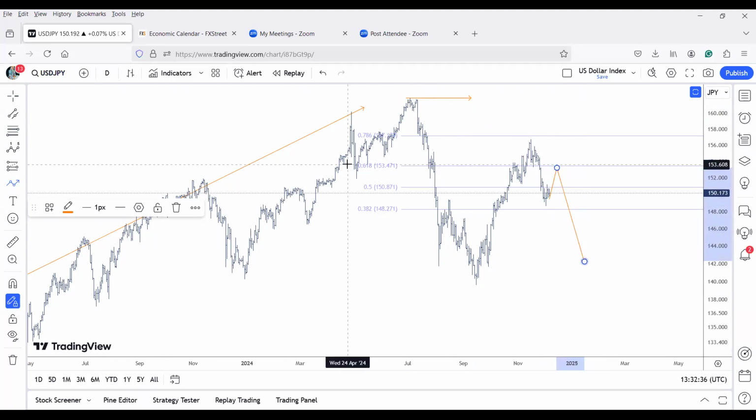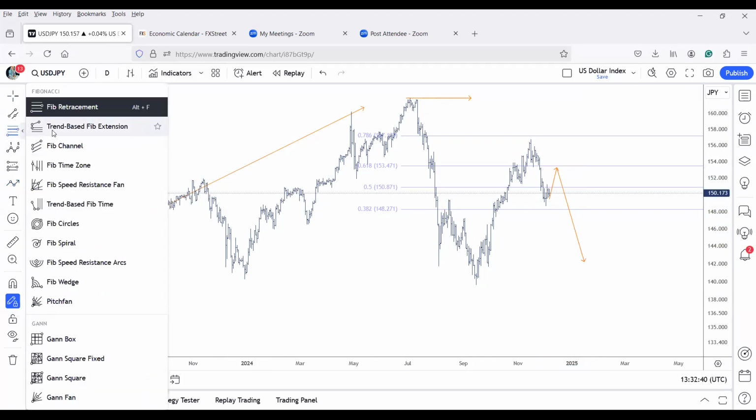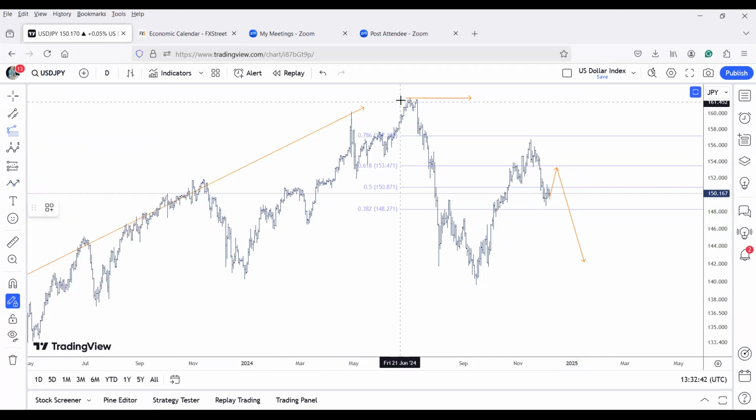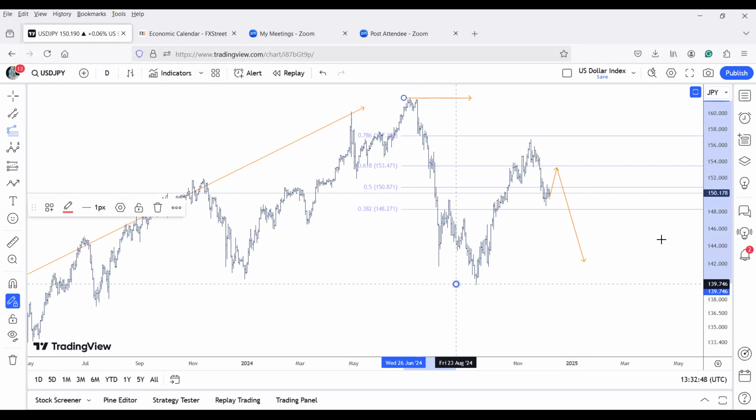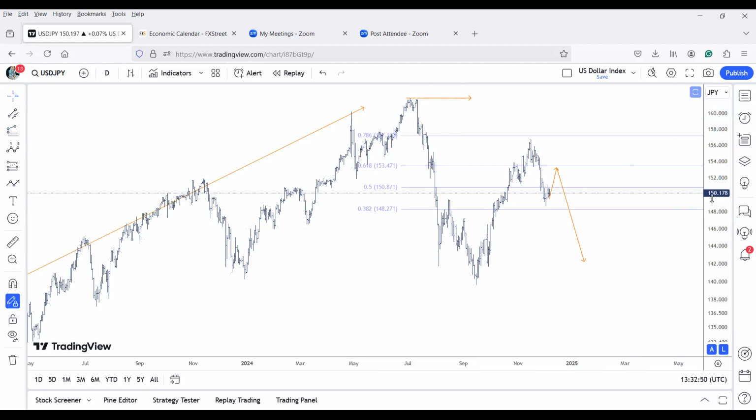decline. So if we go by the extensions or the Fibonacci targets for the dollar JPY, it is in line with the overall dollar index or dollar weakness, which could be lying ahead. There might be one more high, as I said, in the dollar index as well, or the dollar JPY as well. So please have your protective stop losses in place.